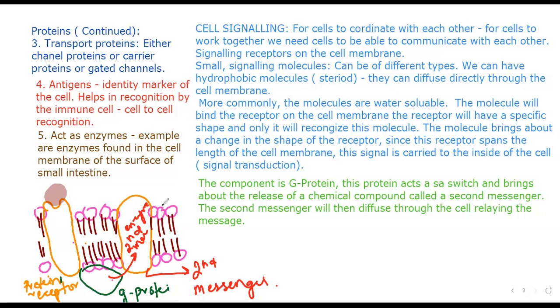The binding signaling molecule is just one, but if you take a look, you will see that one signaling molecule can cause the release of a huge number of second messengers. This is known as amplification.